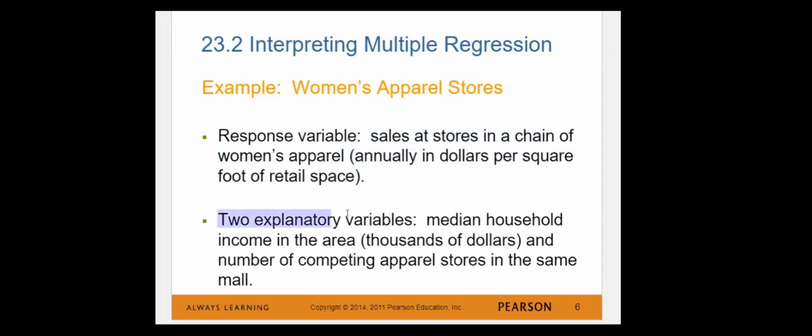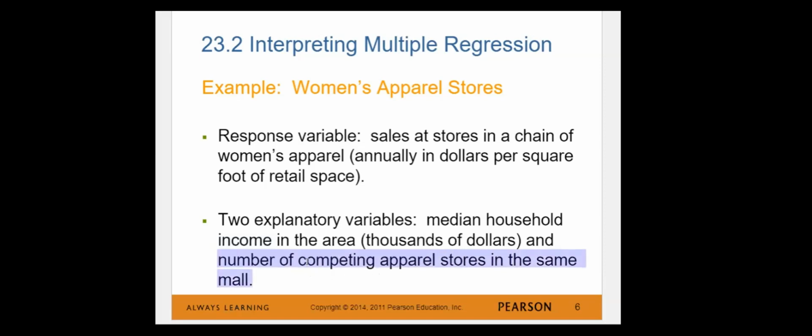And there are two explanatory variables, or input variables, or independent variables: median household income, or in short form, income in that area in $1,000. So if we say 70, it means $70,000, right? And the number of competing apparel stores in the same mall.